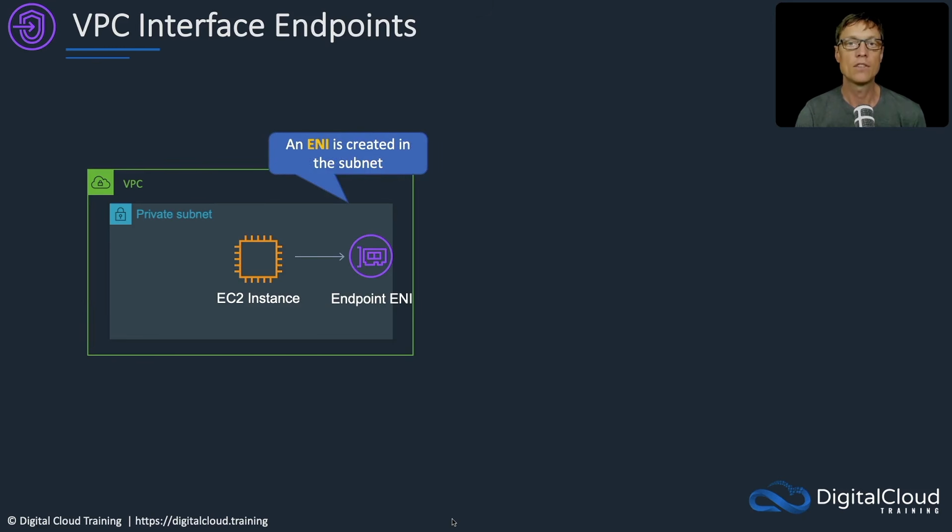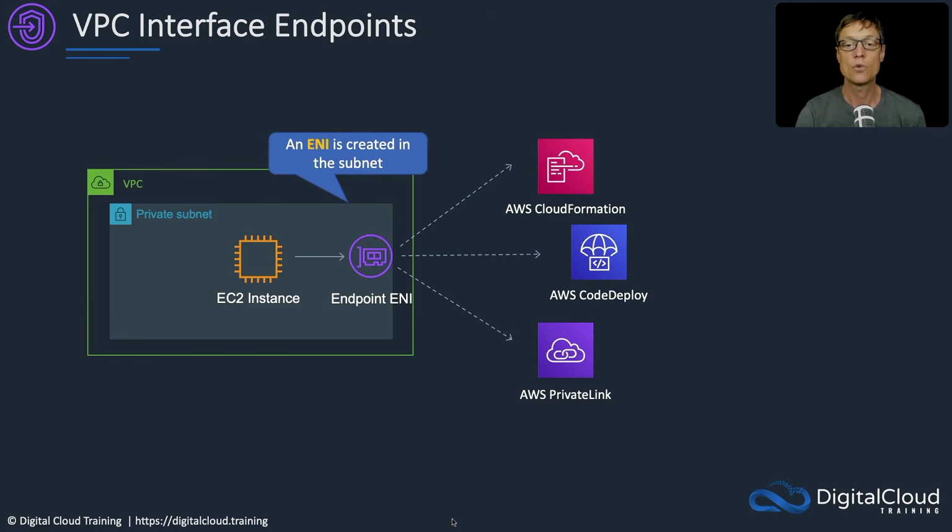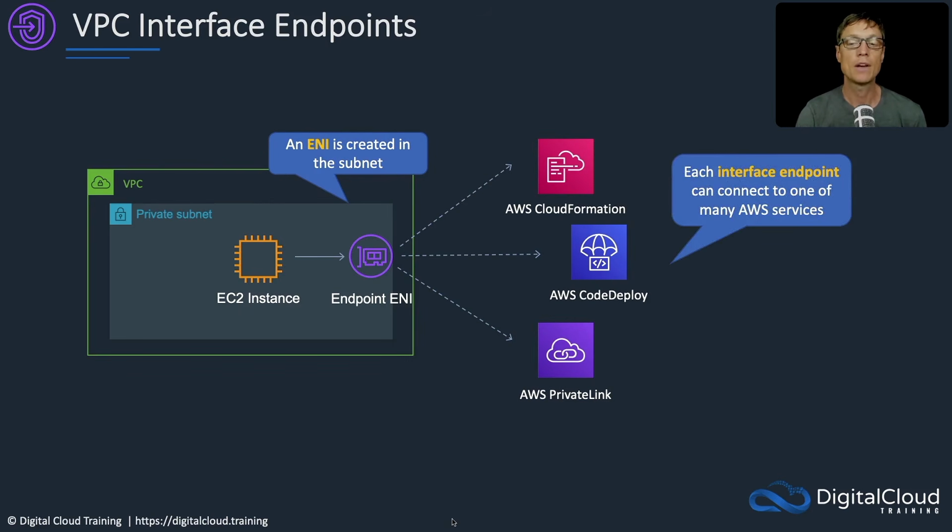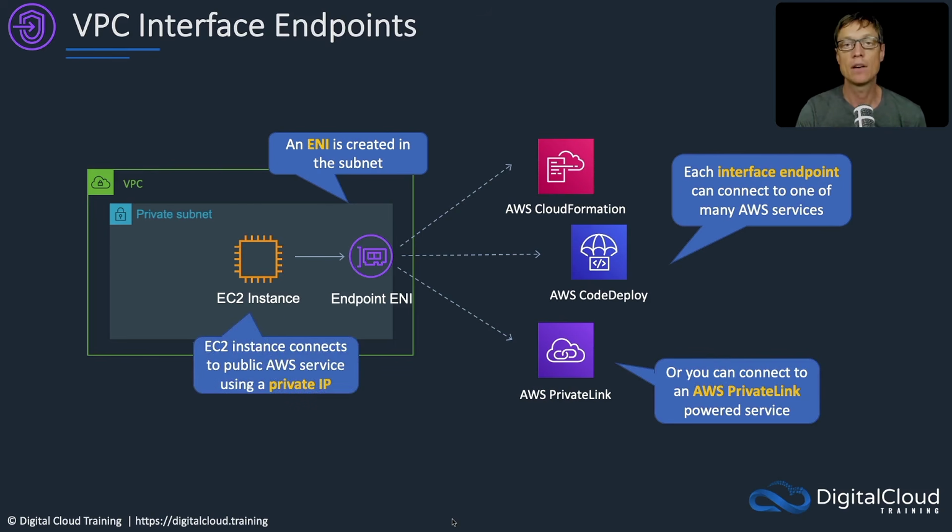And then the instance can connect via that ENI to public services, but it's using private IP addresses to connect to them. Now, each interface endpoint can connect to one of many AWS services. And you can connect to an AWS PrivateLink powered service as well. We'll look at that shortly to see what that means. So this is a way that we can connect our EC2 instances to these services using private IP addresses.